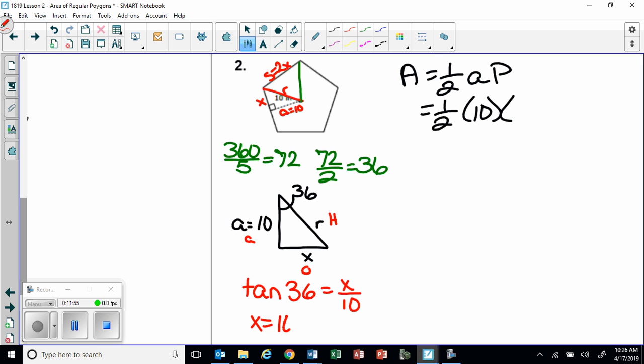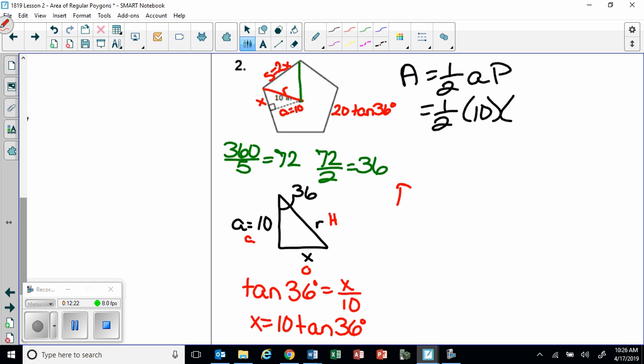X will equal 10 times tangent 36. Don't put that in your calculator. Okay, let's go back up to our original diagram, and a side is double x. So my side length is 20 tangent 36 degrees.